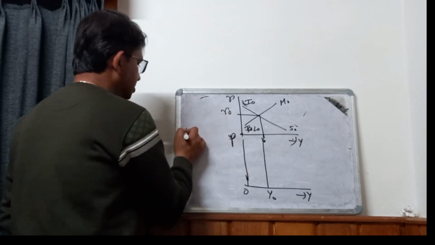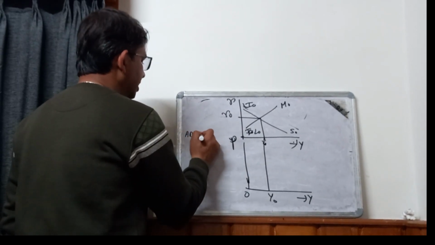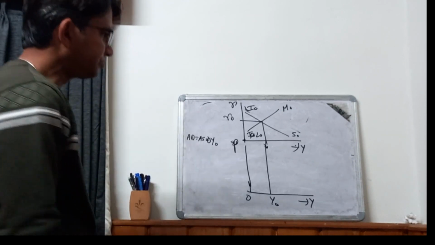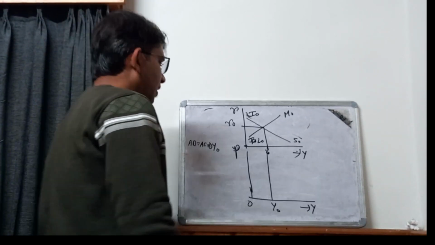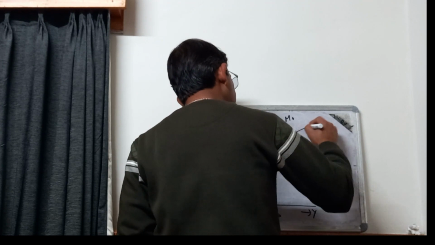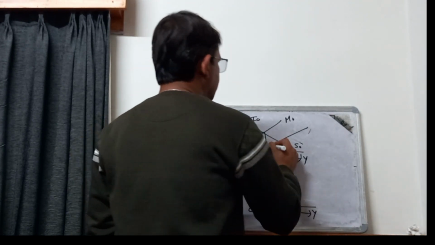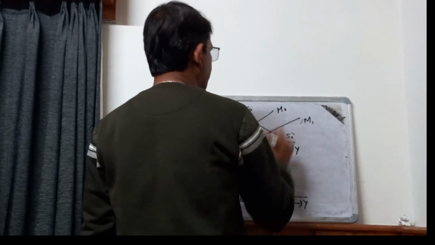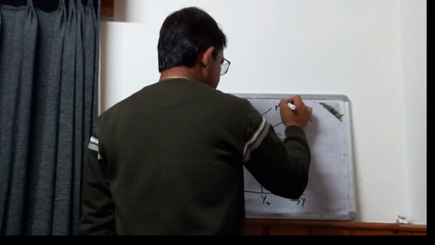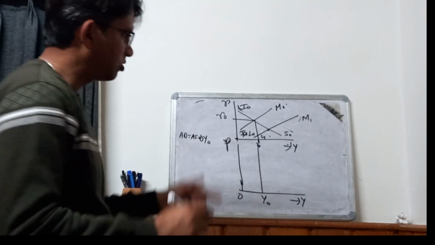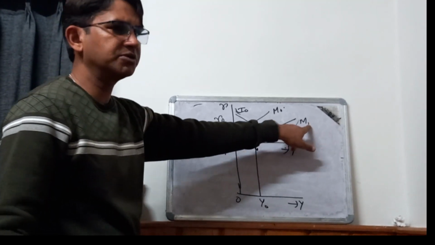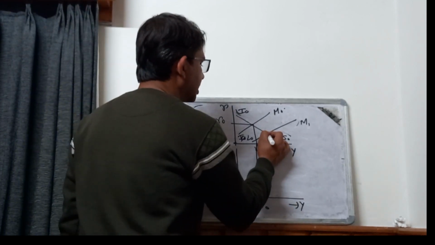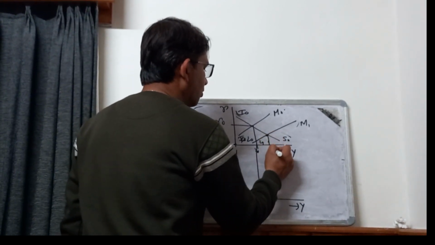Initially we start with AD equals aggregate supply equals OY0. Now, the government increases the money supply. So the LM curve shifts and we define a new LM curve, LM1. The earlier LM curve is subject to the lower volume of money supply, and this LM curve is subject to the higher volume of money supply. So right now aggregate demand becomes OY2.